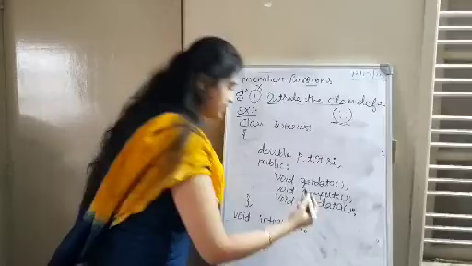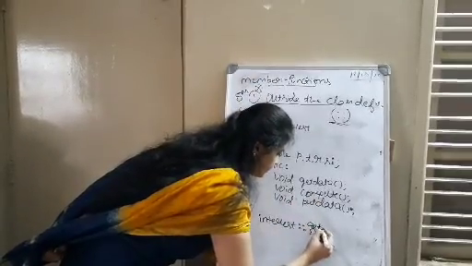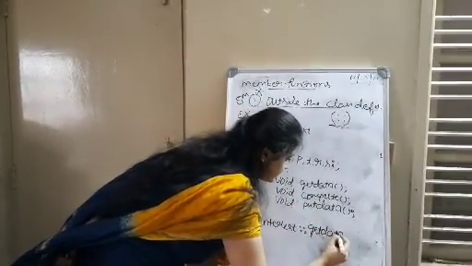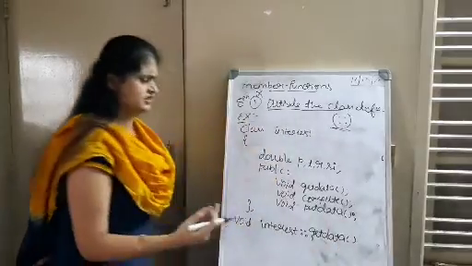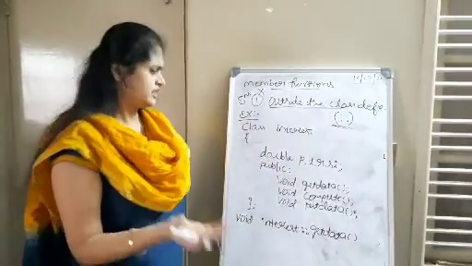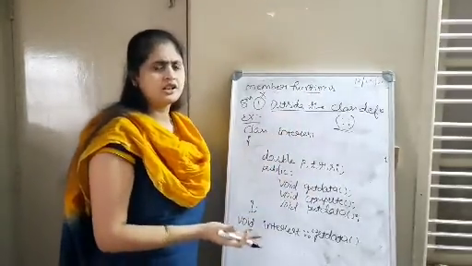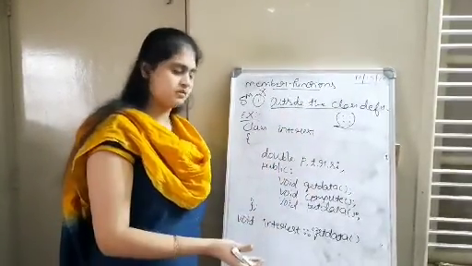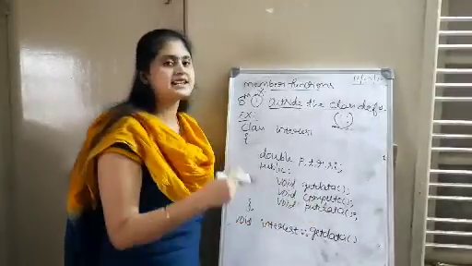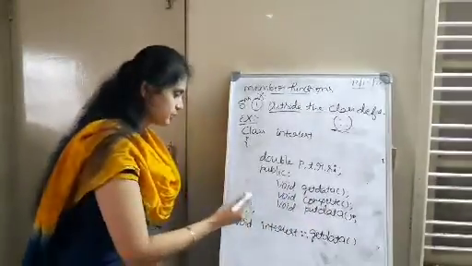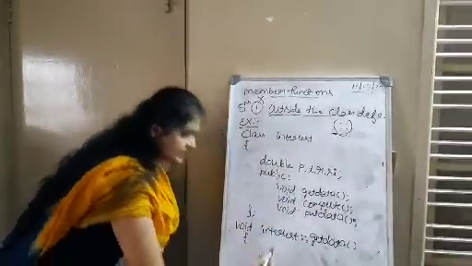What is the member function? That is getdata. Getdata means we are just accepting variables, and we name the function getdata. If you want, you can call it accept, anything is fine. Getdata is commonly used throughout the program. Now I am writing the function body.